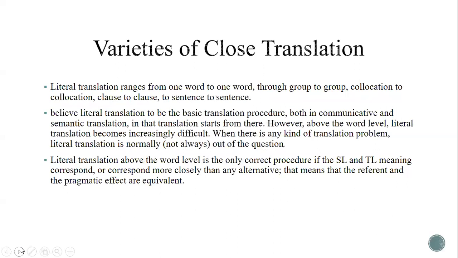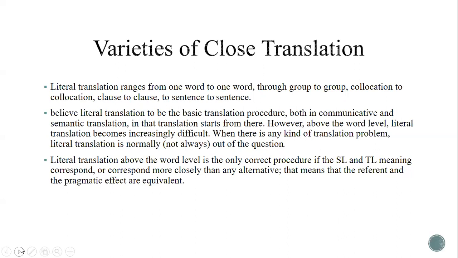Literal translation goes beyond one-to-one translation and ranges from one word to one word, through group to group, collocation to collocation, clause to clause, to sentence. I believe literal translation to be the basic translation procedure, both in communicative and semantic translation, and that translation starts from there. However, above the word level, literal translation becomes increasingly difficult.